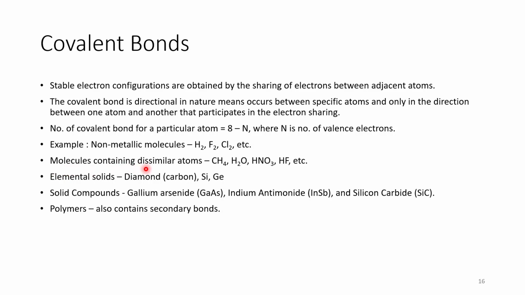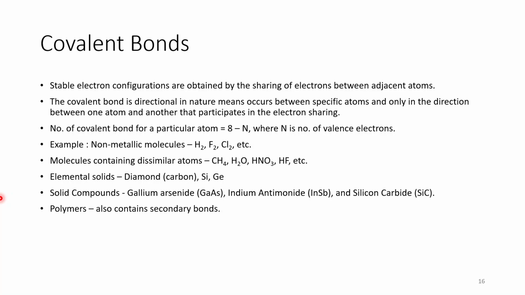Also molecules containing dissimilar atoms such as methane, CH4, water, H2O, HNO3, nitric acid, and hydrogen fluoride, HF, which is an acid. In the case of elemental solids, you have diamond, silicon, and in the case of solid compounds, you have gallium arsenide, indium antimonide and silicon carbide.